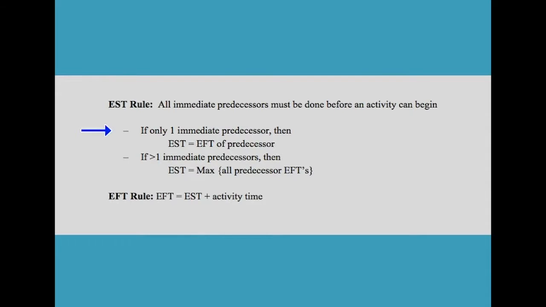If only one immediate predecessor, then EST is equal to EFT of predecessor. If there are more than one immediate predecessors, then EST is calculated by the maximum of all predecessor EFTs, and the EFT rule for forward pass is EFT is obtained as EST plus activity time.